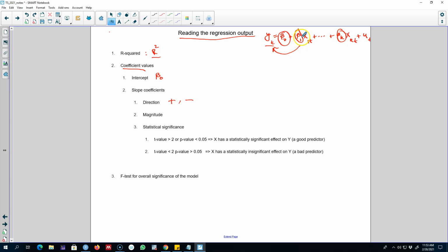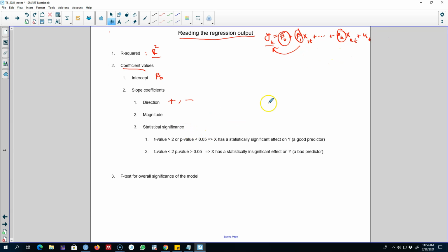If it is positive, then if x increases, y increases. On the other hand, if the coefficient value is negative, then when x increases, y decreases. So this is the first thing that you need to observe from each of these slope coefficients.